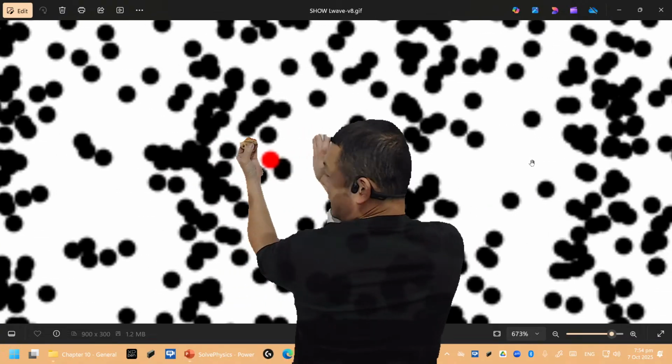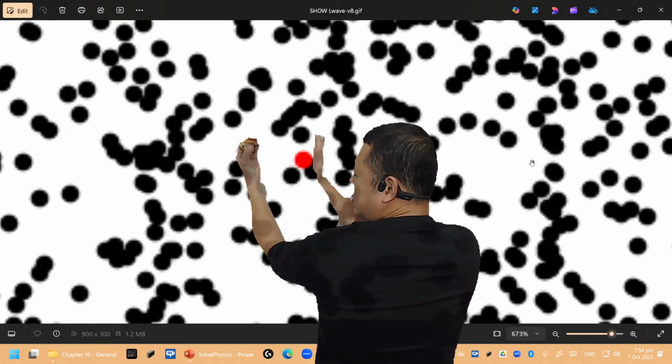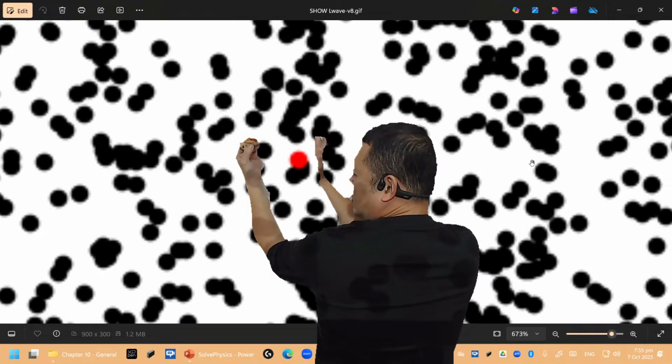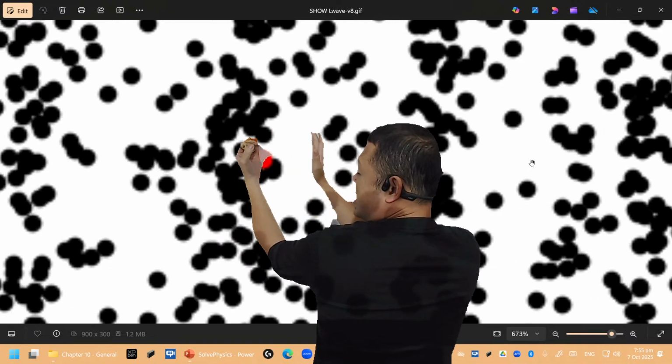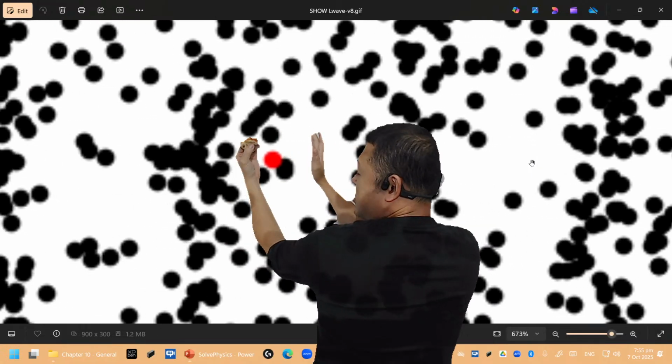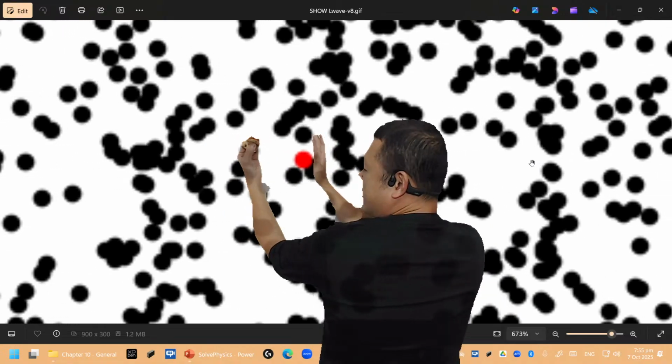You see my hands there, right? So the particle is moving in between my hands. Correct. When it's in the center and the compression is going past it, you see that? So it coincides.